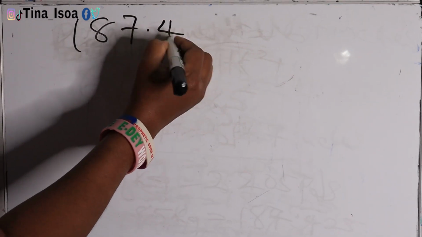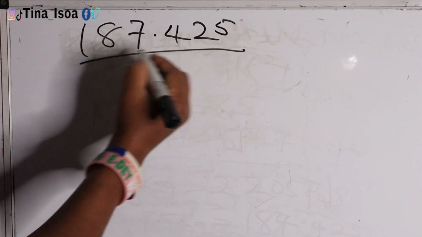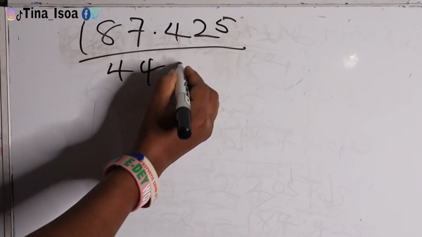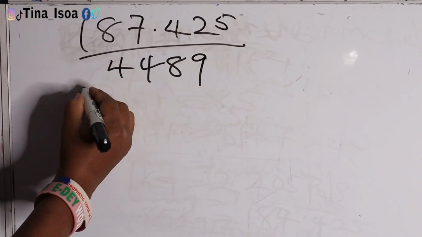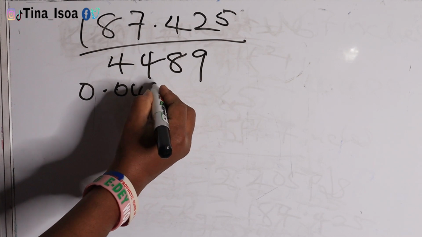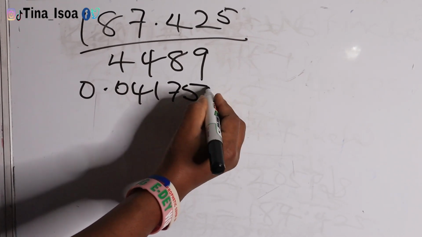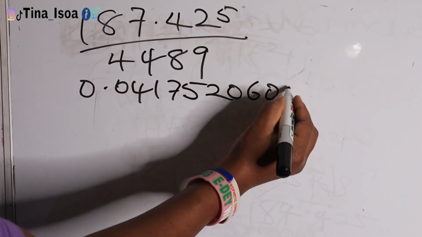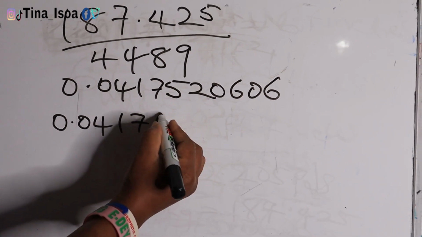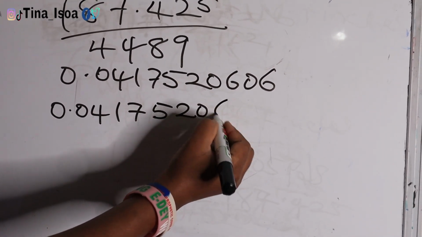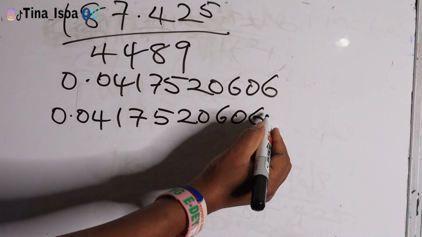Therefore, 187.425 divided by 4489 gives us 0.0417520606, and that is what we have here.